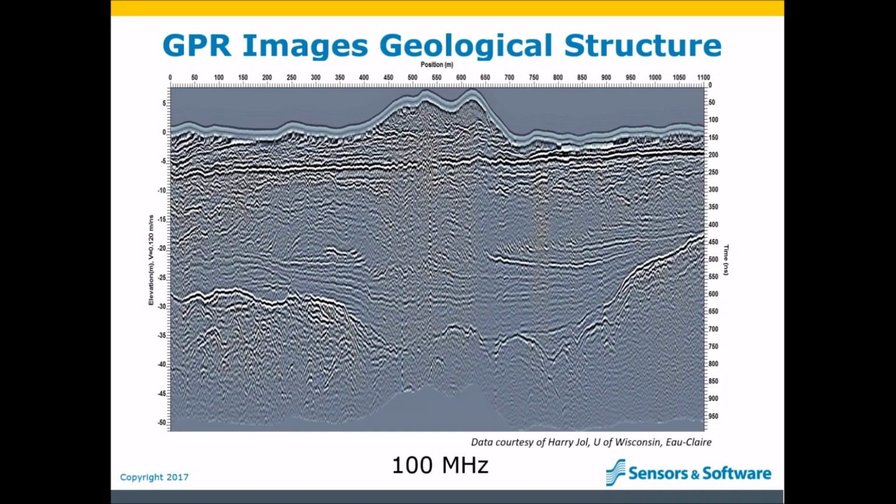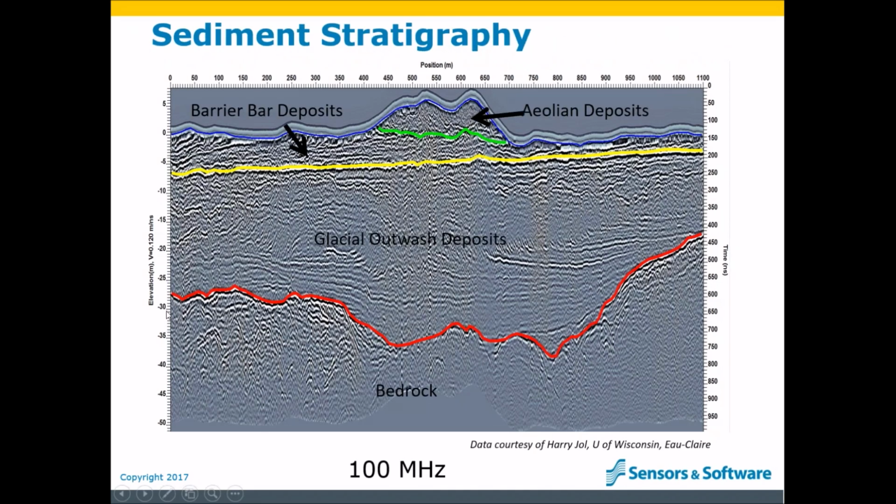Geologists, geomorphologists, and physical geographers, people a lot smarter than me, can look at the patterns of the GPR reflections and perhaps additional information from boreholes and interpret what these reflections mean. Here are the interpretations the researcher made from the data.